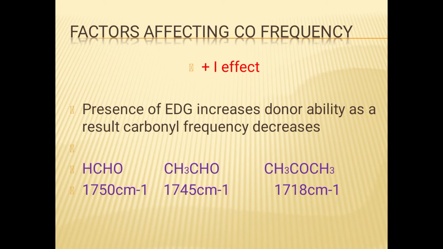So when you have just formaldehyde, your frequency is 1750. The minute you add a CH3, it reduces by 5, so it becomes 1745. When you have acetone, that is two CH3 groups attached to your CO, it becomes 1718. So if you have an electron donating group, your carbonyl frequency decreases.